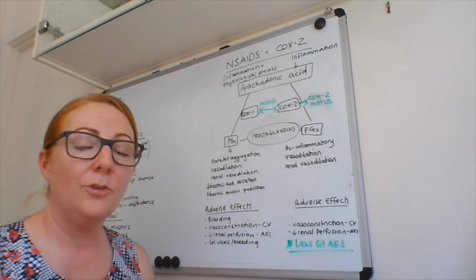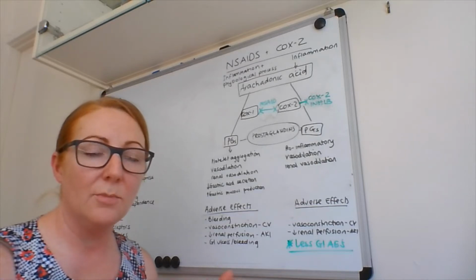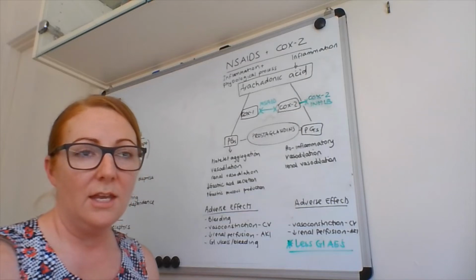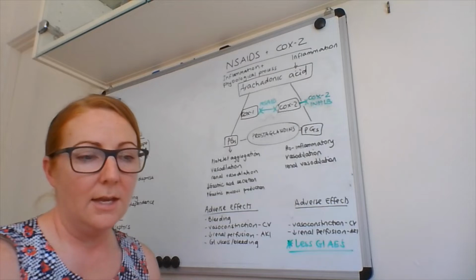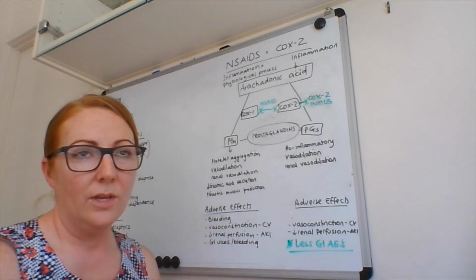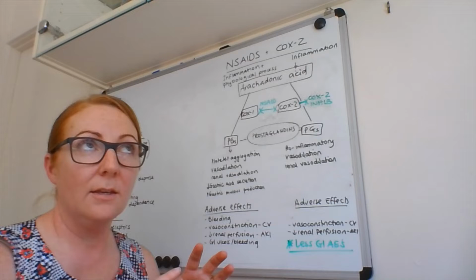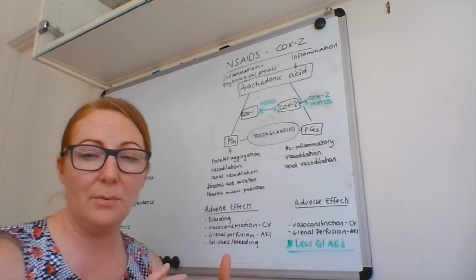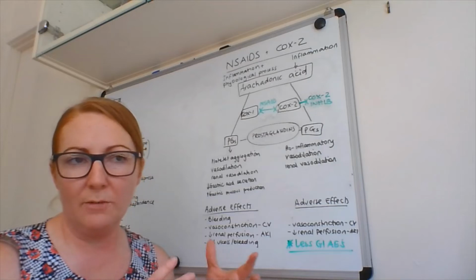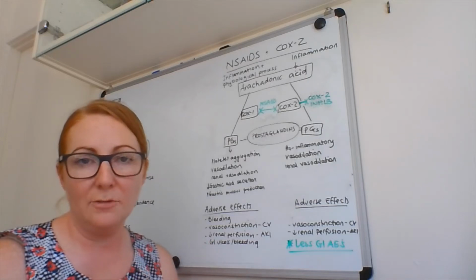There are other non-steroidal medicines that you need a prescription for, and there's a lot of different ones: naproxen, diclofenac, and others. One particular one is no better than another. So if one hasn't worked for whatever reason, then it's reasonable to try a different one.